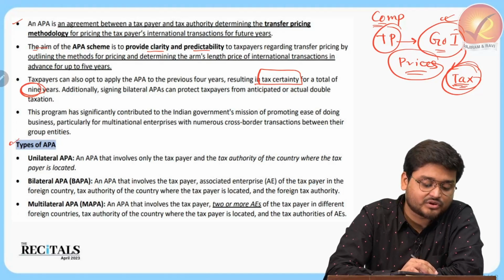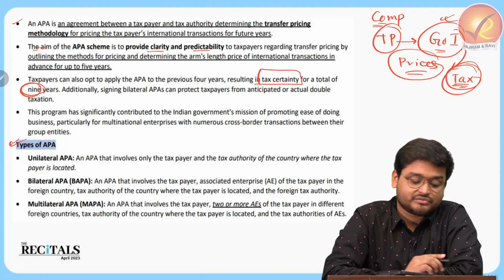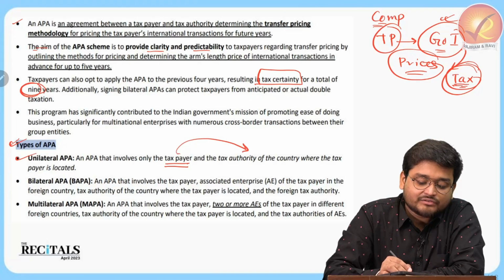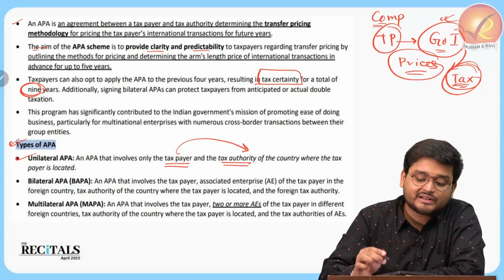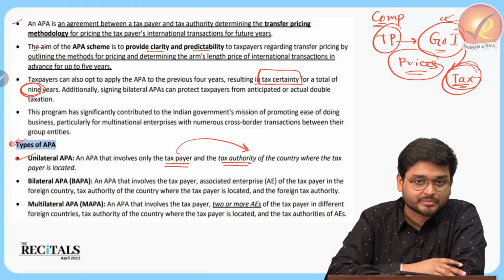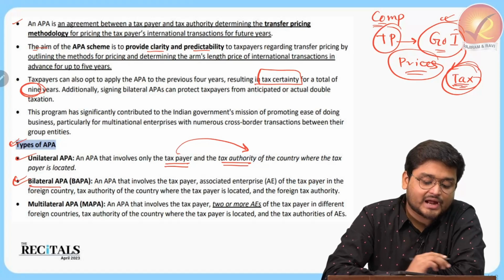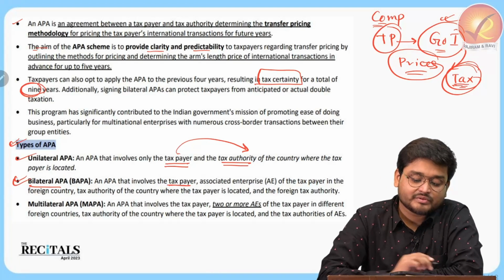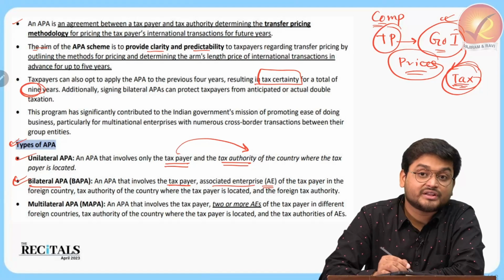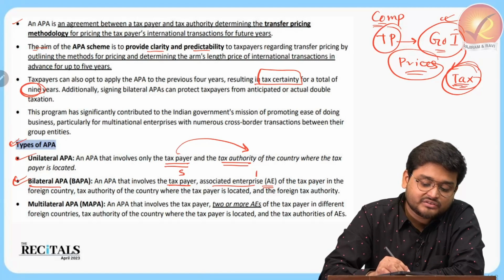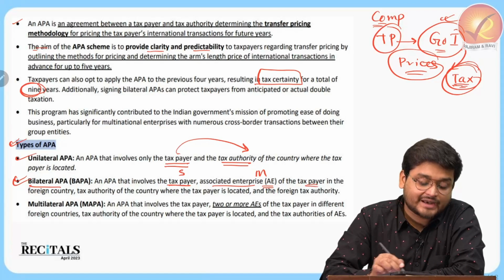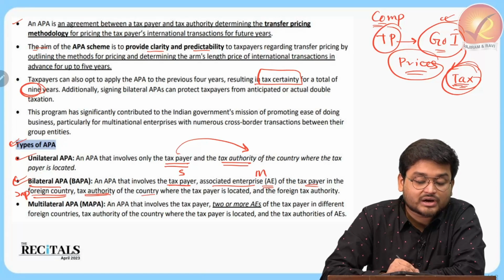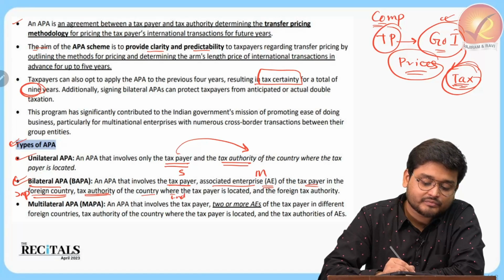Now there are various types of advance pricing agreements. First is unilateral. That means that a taxpayer, such as a company, is directly involved with the tax authority or the government, right? This is just a company to government relationship. Then there can be a bilateral agreement. This will be between the taxpayer, the associated enterprise, for example, Suzuki and Maruti, the taxpayer in a foreign country, for example Japan, and the tax authority of the country, that is India, right? This is bilateral.